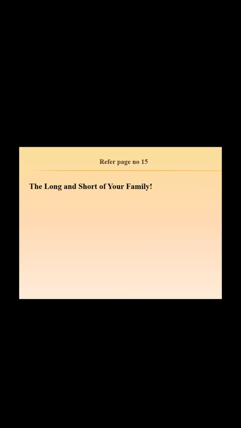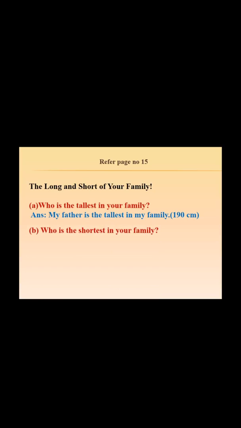Page number 15. The long and short of your family. The first question is, who is the tallest in your family? The answer is, my father is the tallest in my family and his height is 190 centimeter. Next, who is the shortest in your family?